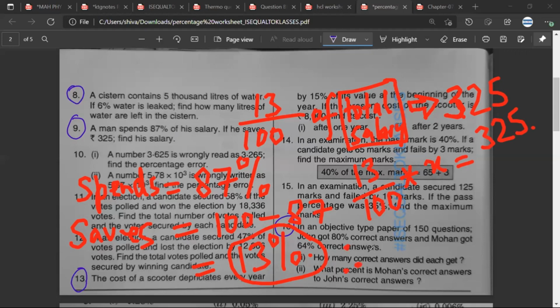Okay, sir. Sarthak, X would be? 325 into 100 upon 13. And Satya, what is X?